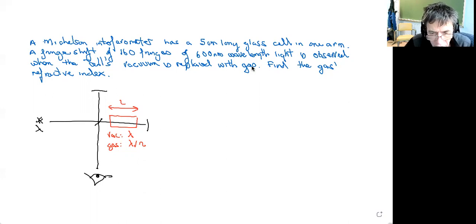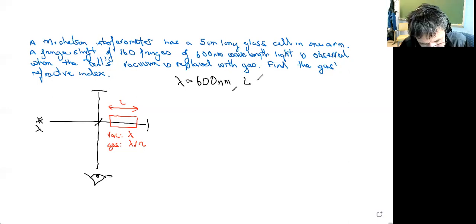So let me write down the numbers that are relevant here. The wavelength of light is 600 nanometers. The length of the cell is 5 centimeters. And the number of fringe shifts when we fill the cell with gas is 160.